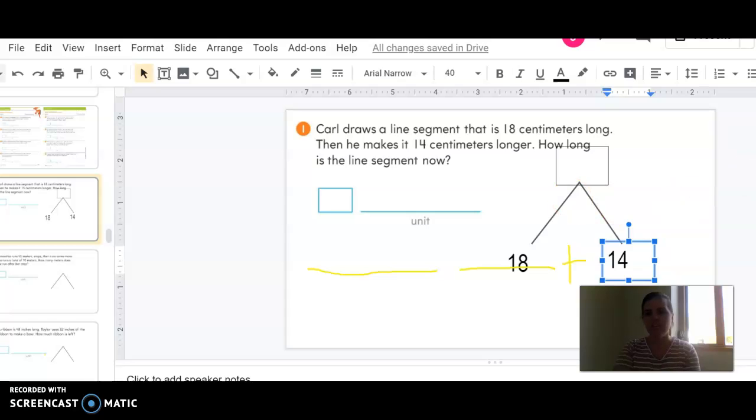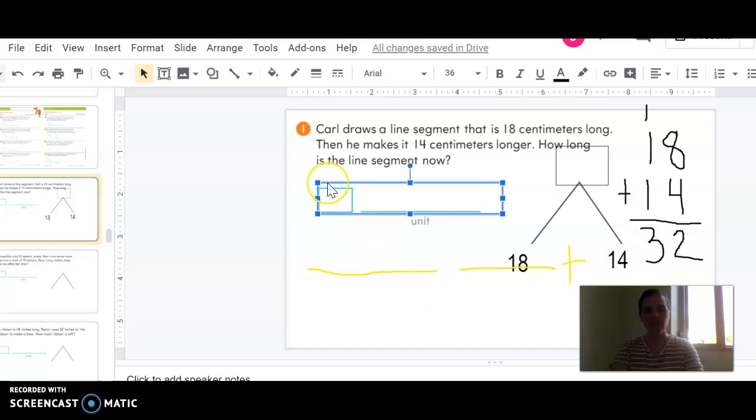On the side of your paper, go ahead and write your equation: 18 plus 14 equals what? Start in the ones cup. 8, 9, 10, 11, 12. We carry the 1, drop the 2. Then 1, 2, 3, and we get 32. So you're going to write 32.